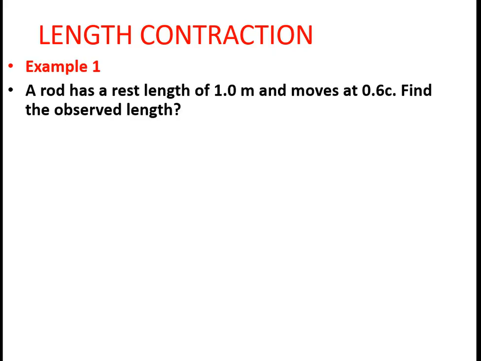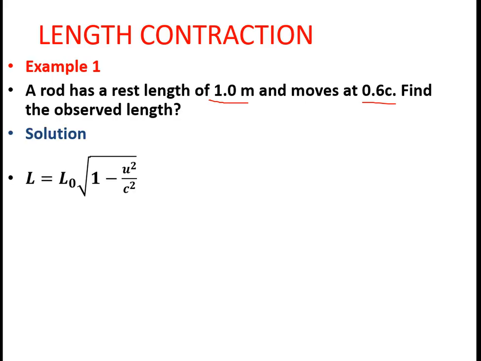So let's take the first example here. A rod has a rest length of 1.0 meters and moves at a velocity of 0.6 c. Find the observed length. We are given the rest length to be 1 meter and the velocity of the moving object.